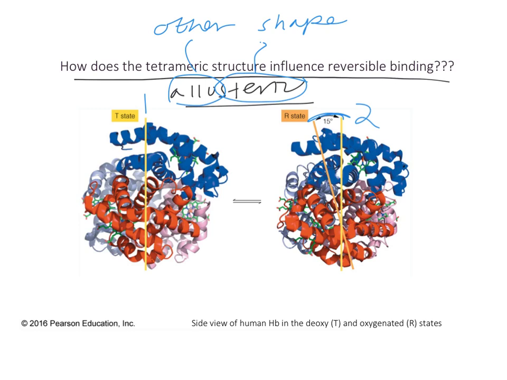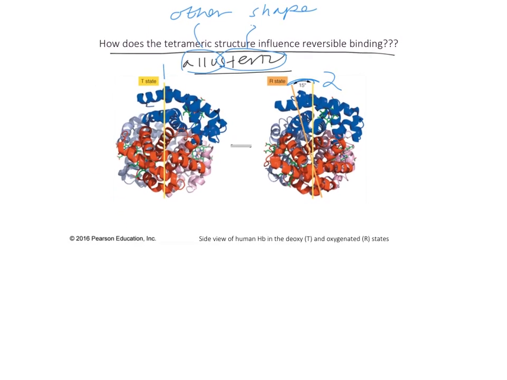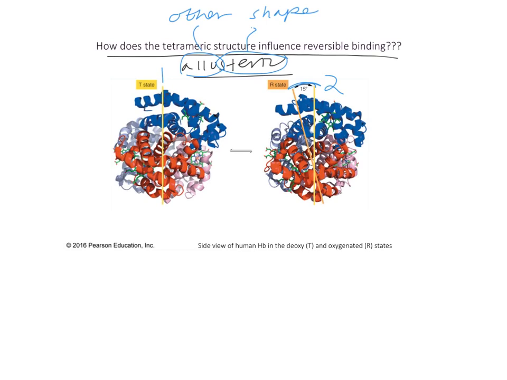This is just one of them. So because there's this movement of the protein, it has two shapes that makes hemoglobin allosteric. And we're going to talk about how the allosterics of this hemoglobin make it really excellent for reversible binding. And we'll talk about cooperativity and KD next time.